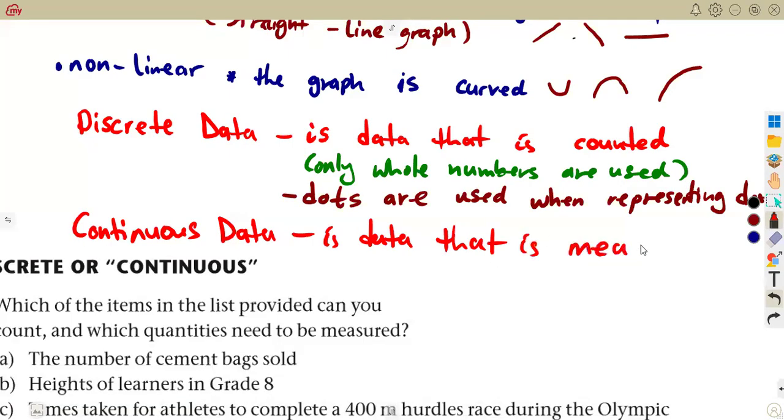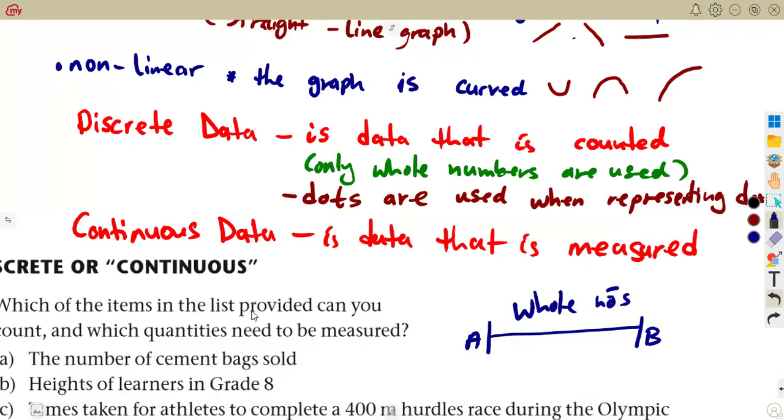To measure and to count, these are two different things, guys. When you measure, you are not counting. You are giving a dimension. Maybe you're talking of a length. You're asked to measure from point A to point B. You take a meter ruler. On measuring, whole numbers can be found.